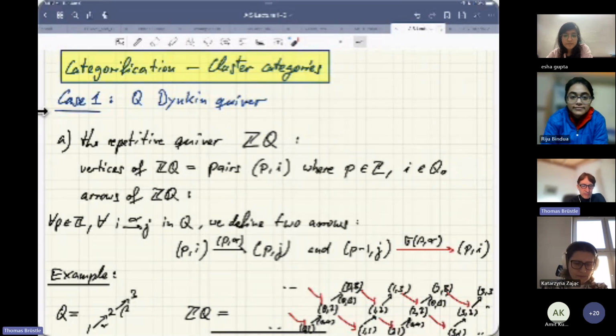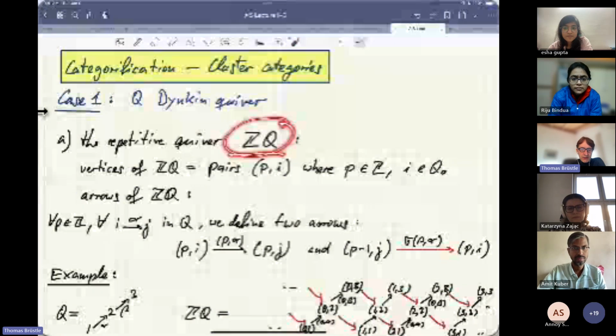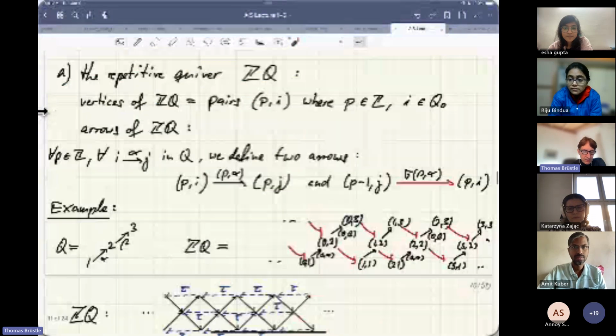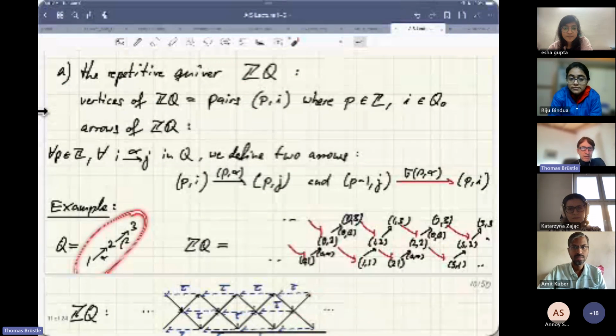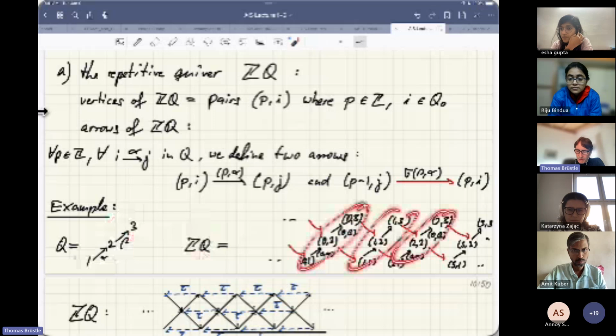So we said we are given a Dynkin quiver Q. And then one thing we can do is define this repetitive quiver ZQ, which is just made of infinitely many copies of the original quiver, indexed over the integers.